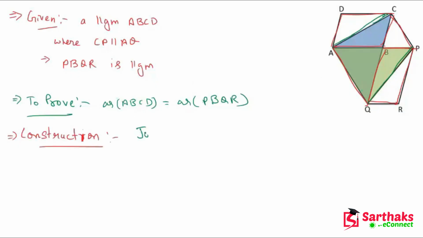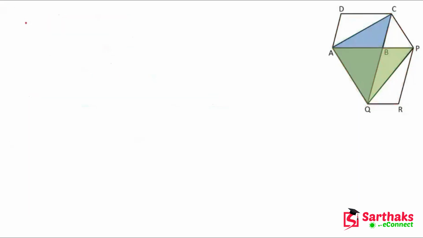So we can write: join AC and PQ. Yeah. So now let's start to prove this problem. Now for triangle ACQ and triangle AQP, you can see ACQ means we are talking about this triangle ACQ.